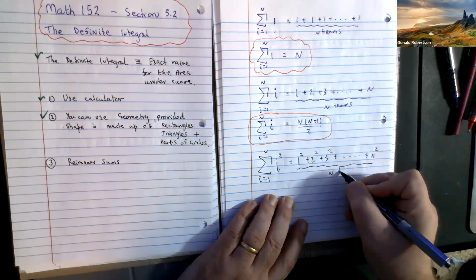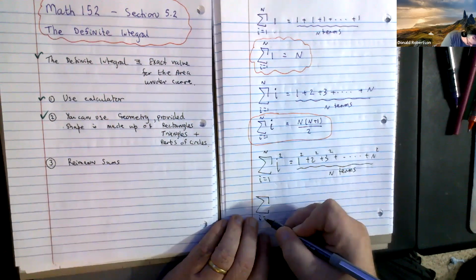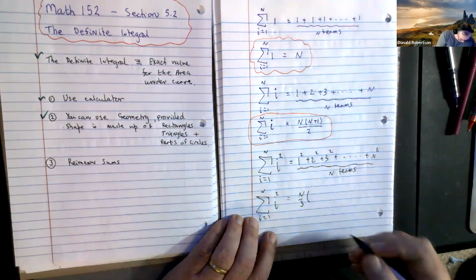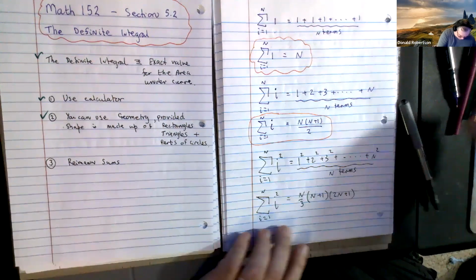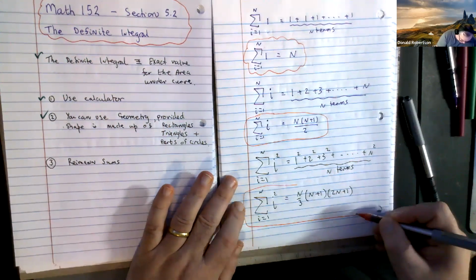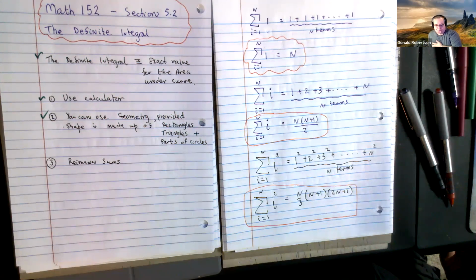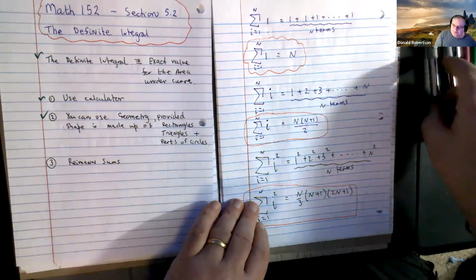And there's going to be n terms. And that's what that is equal to. By the way, proving that one is extremely difficult. So you're just going to trust me, right?